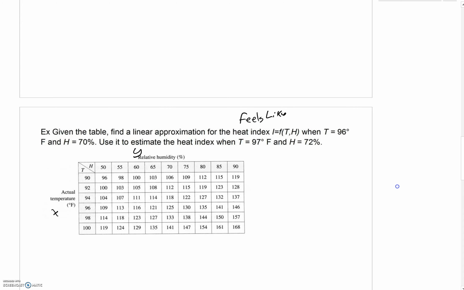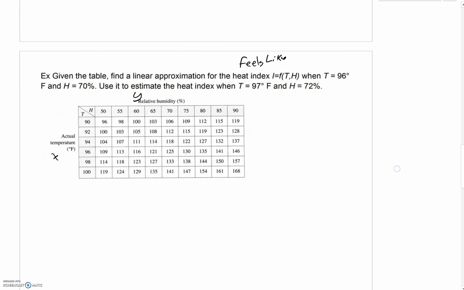All right, as we wrap up here, tabular problem. Wow, tabular problems get to be so very, very common, even in multi. The heat index, it's the feels like temperature. It's a function depending on the actual temperature. That's what we're going to call x. We're going to have that right over here. And it looks like x naught's going to be 96.